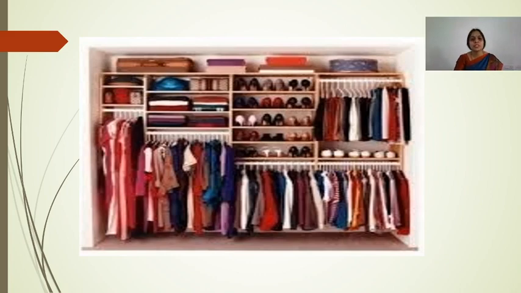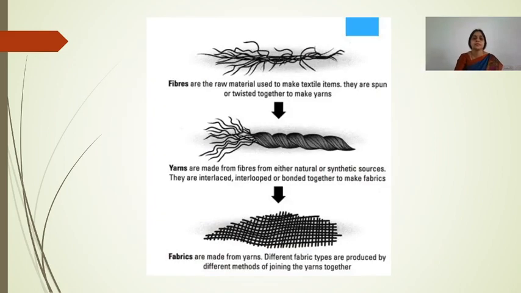You can have a look at this slide. When you open your cupboard, you can see a variety of dresses, right? Have you ever thought about where these clothes come from or how they are made? Here is the answer. Clothes are made from fabrics, fabrics are made from yarns, and yarns are made from fibers.